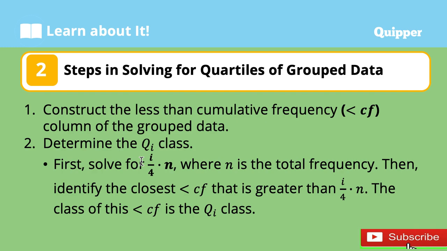To solve for the Q sub i class, first we solve for i over 4 times n, where n is the total frequency. Then identify the closest less than cumulative frequency that is greater than i over 4 times n. The class of this less than cumulative frequency is the Q sub i class.